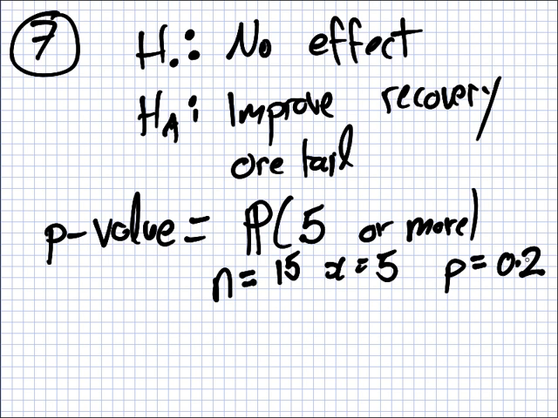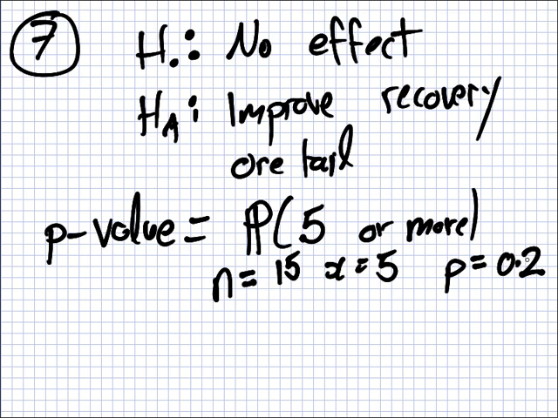If I change this into 1 minus not 5 or more getting better, what's not 5 or more? 4 or fewer people. Will that work? Yes, because with 4 or fewer, the tables are okay.